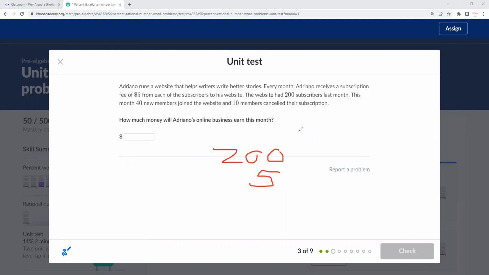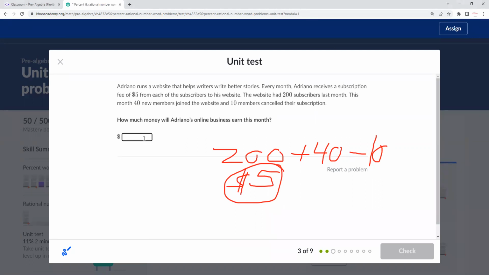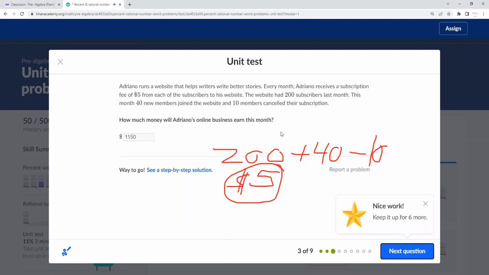Well, he had 200 and then he had 40 more and then 10 people left. So 200 plus 40 minus 10 gets you 230. So 230 times $5, because that's how much they pay for their subscription, gets you 1,150. So that's how much he'll earn this month from his subscribers.